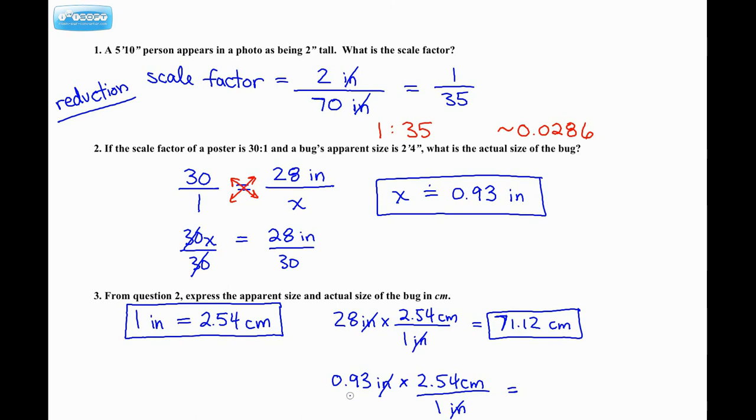Remember, this was actually approximate from before. So this is about, I'll go to the nearest tenth, 2.4, and this is, of course, centimeters. So there we go. That is the actual size of the bug in centimeters.